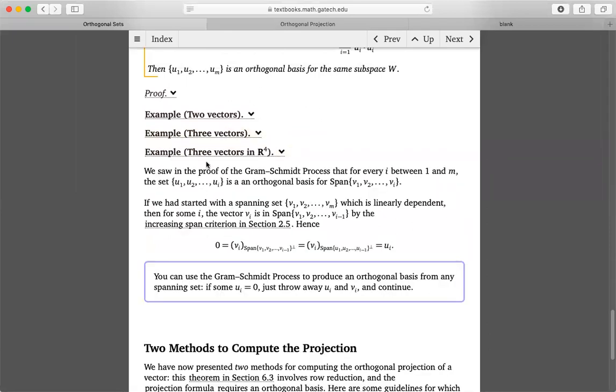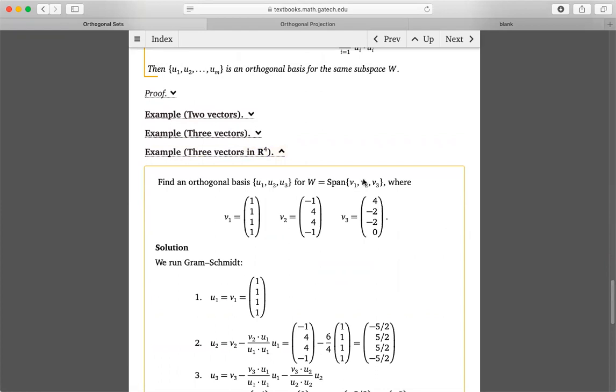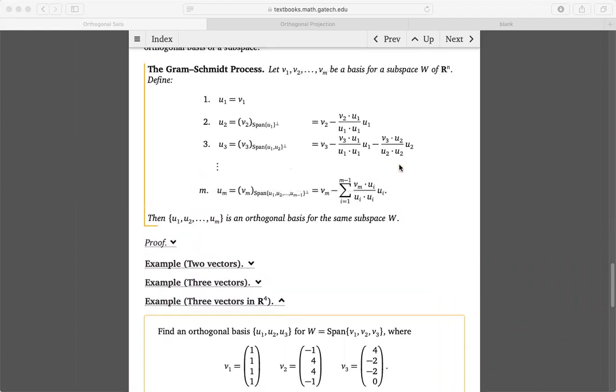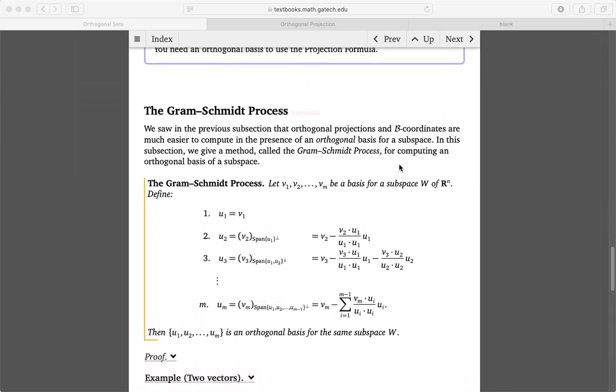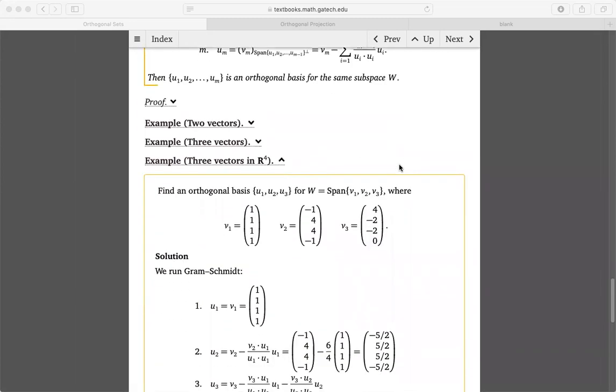And then moving on to the last problem here. We have three vectors, but now they're in dimension 4. So this is pretty much why the Gram-Schmidt process is written as a formula rather than stated as a visual interpretation.